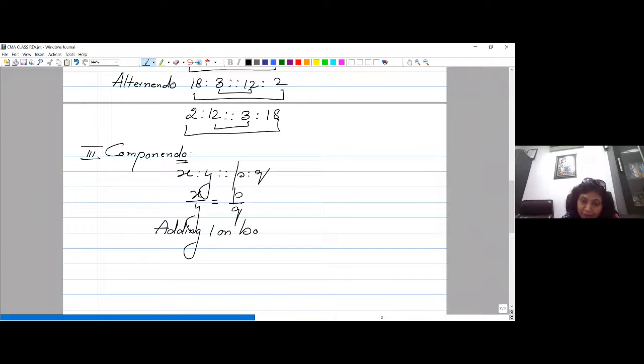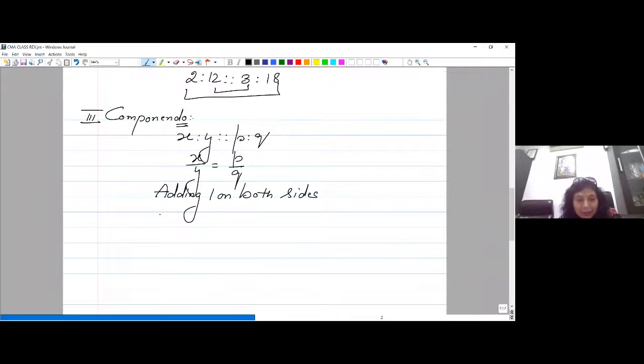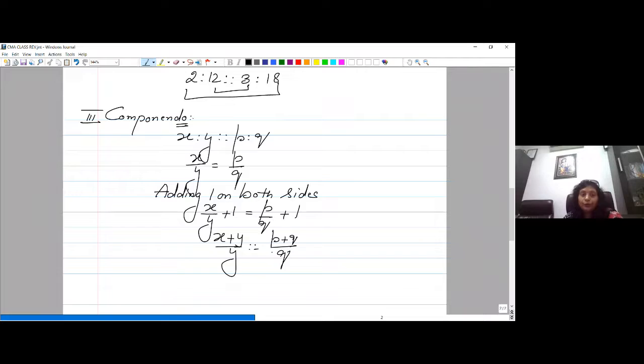You know it very well, in case of an equation, if we add or subtract or multiply or divide any constant on both sides, then the equation remains the same. So x upon y plus 1 is equal to p upon q plus 1. That means x plus y upon y is also in the same proportion to p plus q upon q.